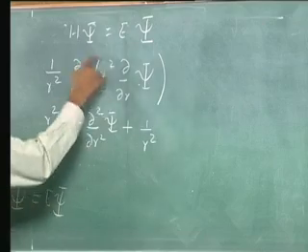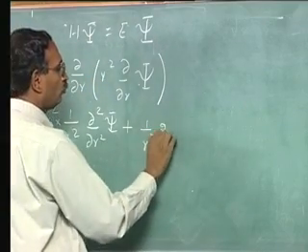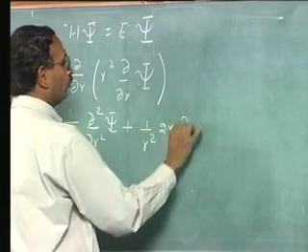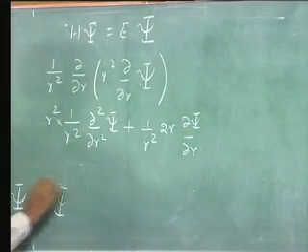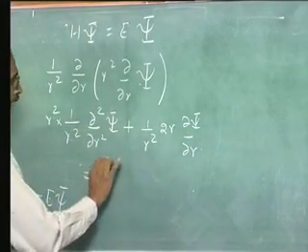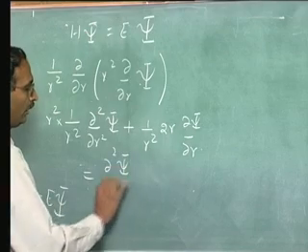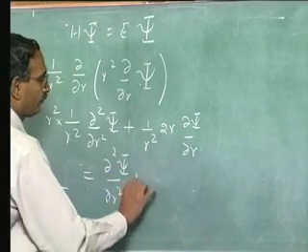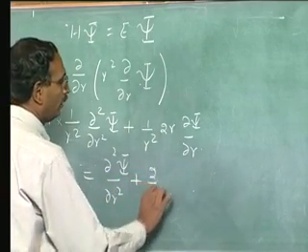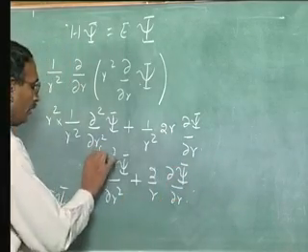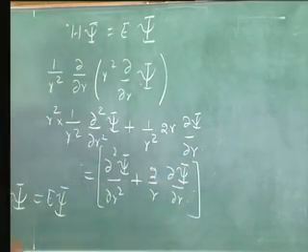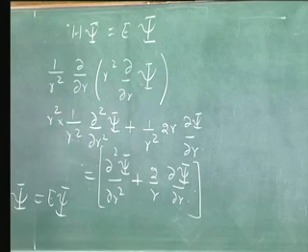Now if the differential acts on r square, what you have is 2r dou psi by dou r, which is dou square psi by dou r square plus 2 by r dou psi by dou r. This is the expression which is represented by a compact form like that.